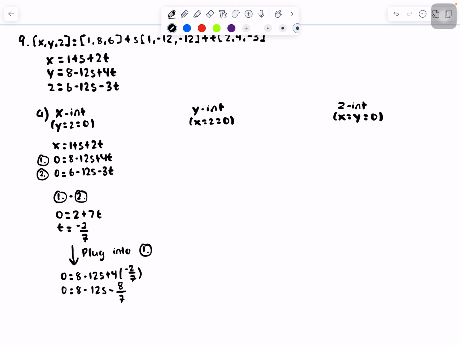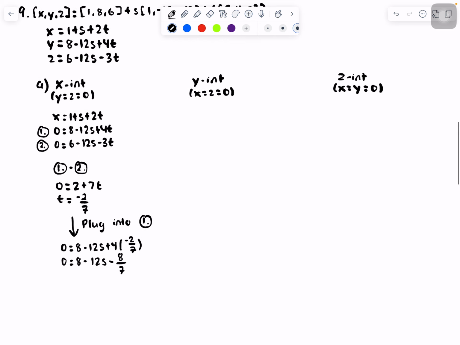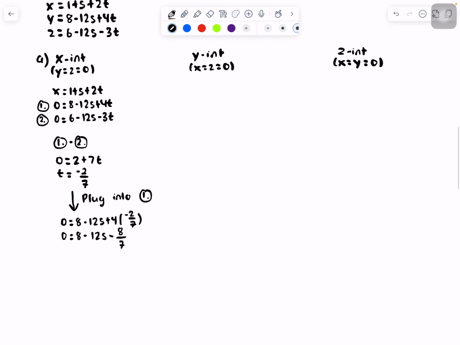Just doing multiplication with some fractions. And we have 8 minus 8 over 7. Now I'm using my calculator here. So that's going to be 48 over 7 on the right-hand side, moving it over. Dividing this by 12, and we get 4 over 7. For this one, I use my calculator.